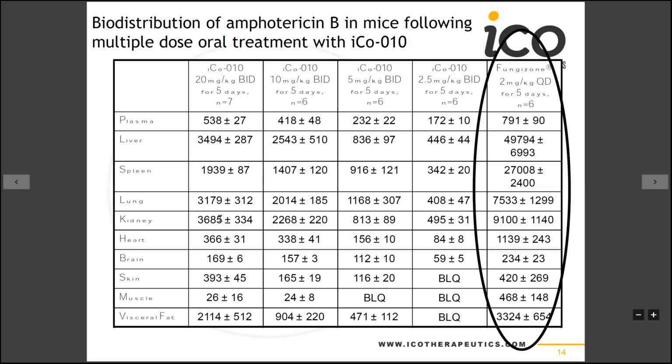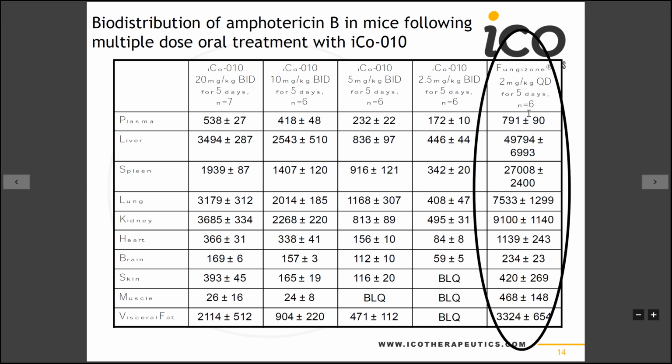And since the MIC is in that 20 nanogram level, we are way above the minimal inhibitory concentration required to have pharmacologic effect. And so that's why the oral formulation is effective, is that we're able to build up the drug in the tissues as a function of time.